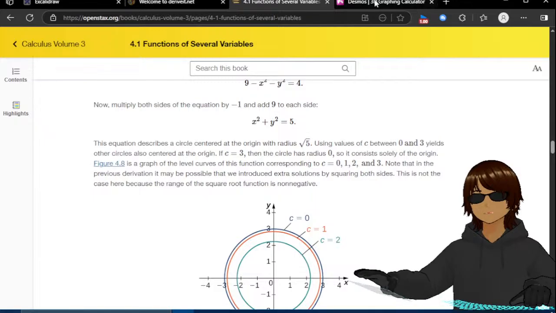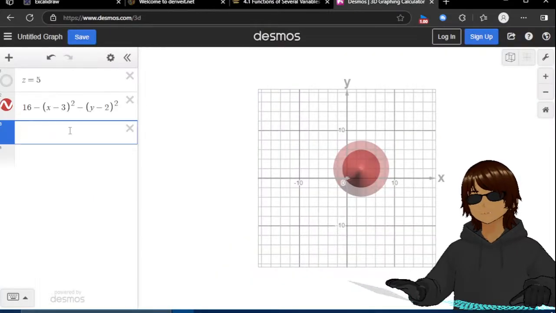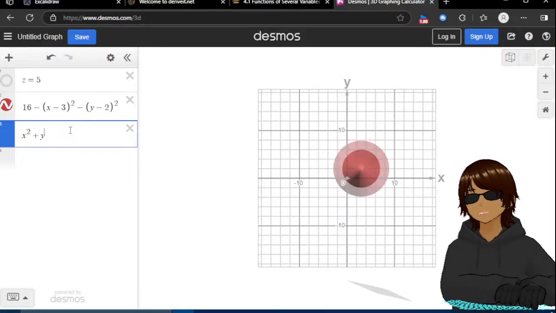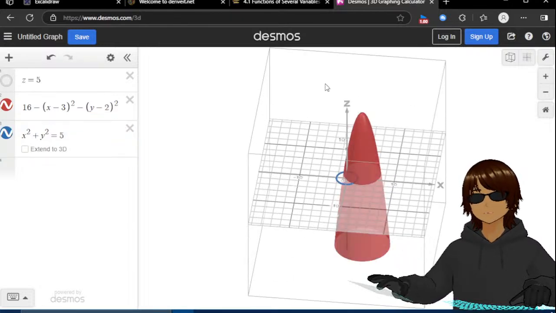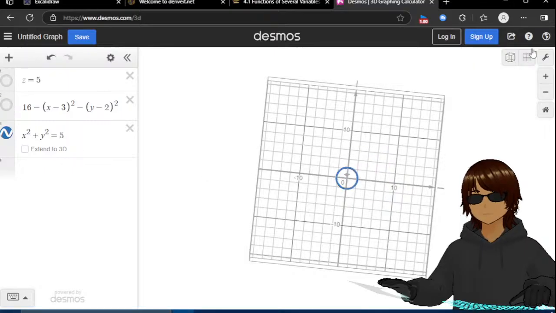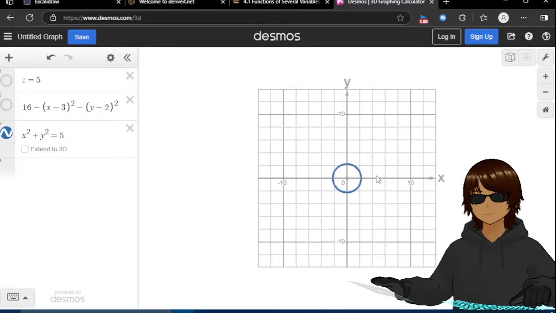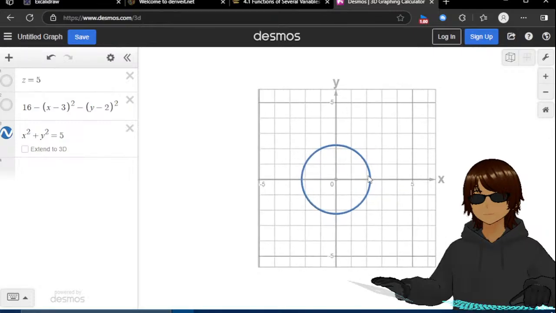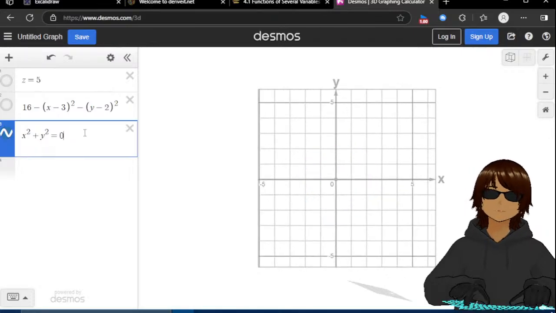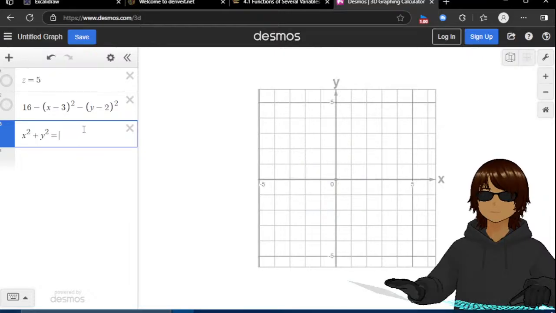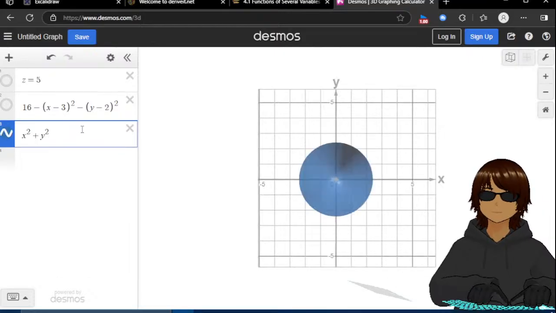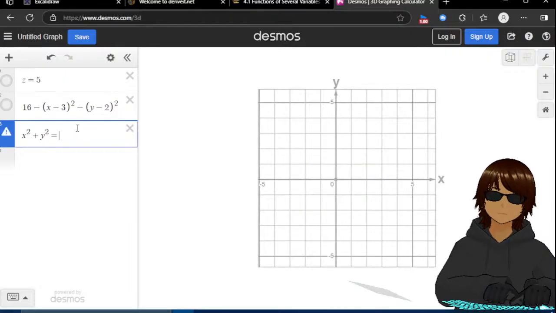Hold on a minute. If I do x squared plus y squared equals 5, let's draw this line. 5, 0, 2, 1, 3, 4, 5. 9.